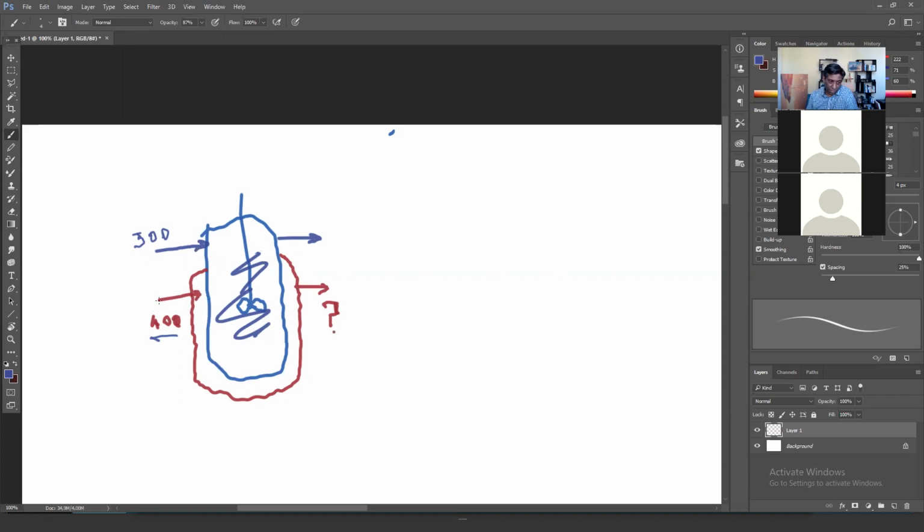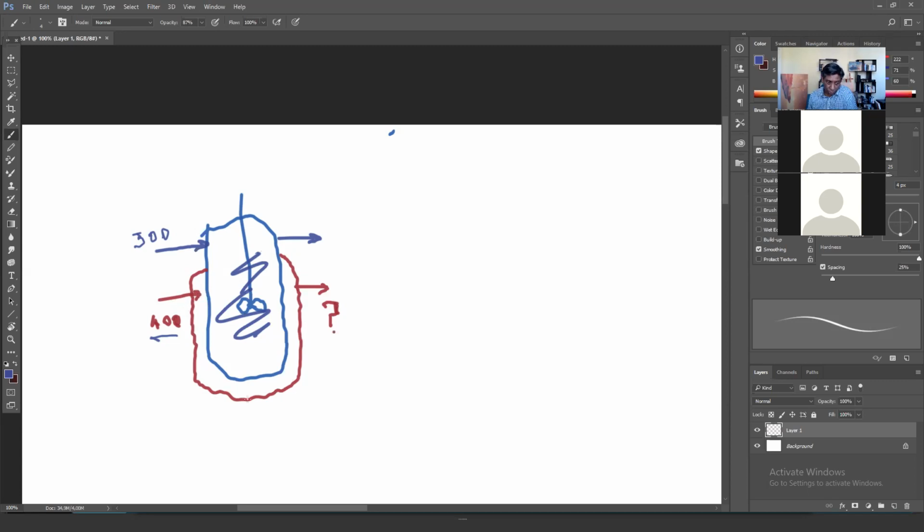But if you use a very high flow rate through the jacket, then the space-time on the jacket side is low, right? So I know we introduced space-time for the reactor in the sense of a reactor, but you can easily define space-time for anything that's flowing through any space. So you can say, oh, this heat transfer fluid is spending on average 2 minutes here, or 2 seconds here, whatever space-time you design it to be.